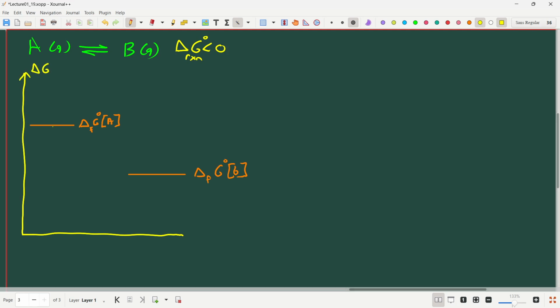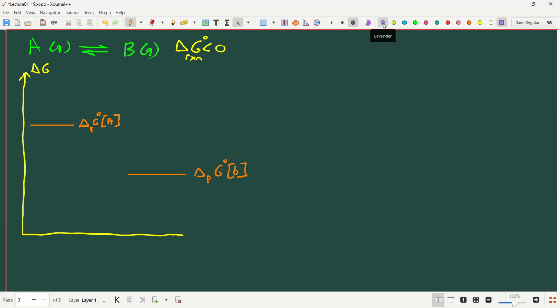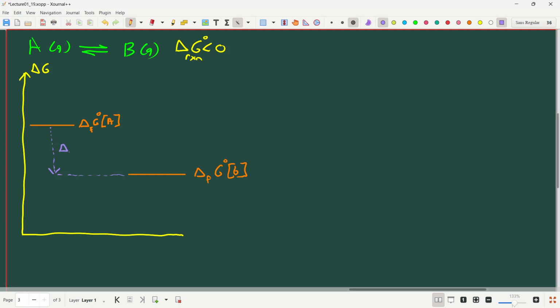The idea is that the free energy of A is higher than it is of B. This energy difference in purple corresponds to the reaction energy at equilibrium.